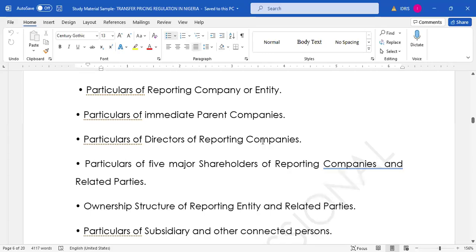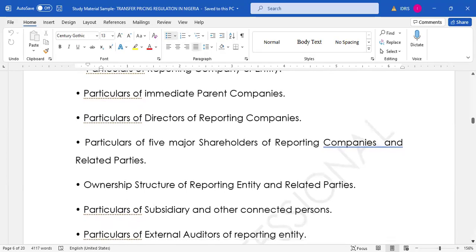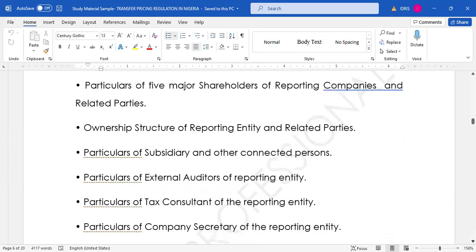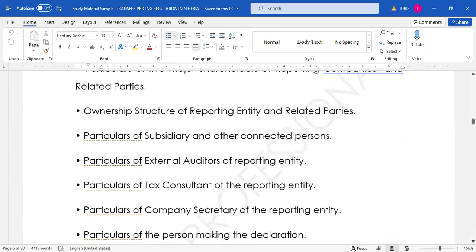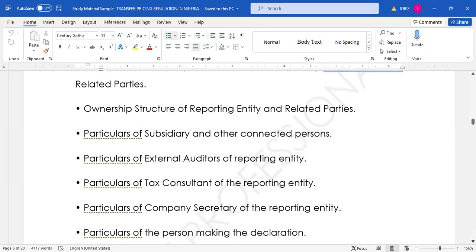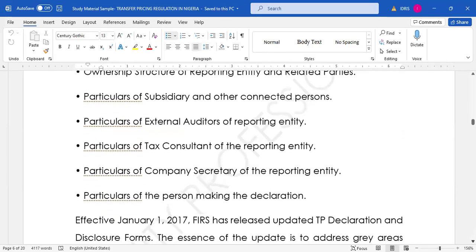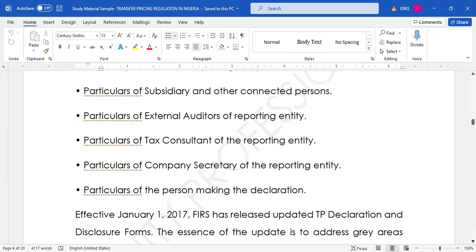Another content, ownership structure of reporting company and related companies. Particulars of external auditor of reporting companies. Particulars of tax consultants of the reporting entities. Particulars of company secretaries of the reporting entities. And particulars of the persons making the declaration.